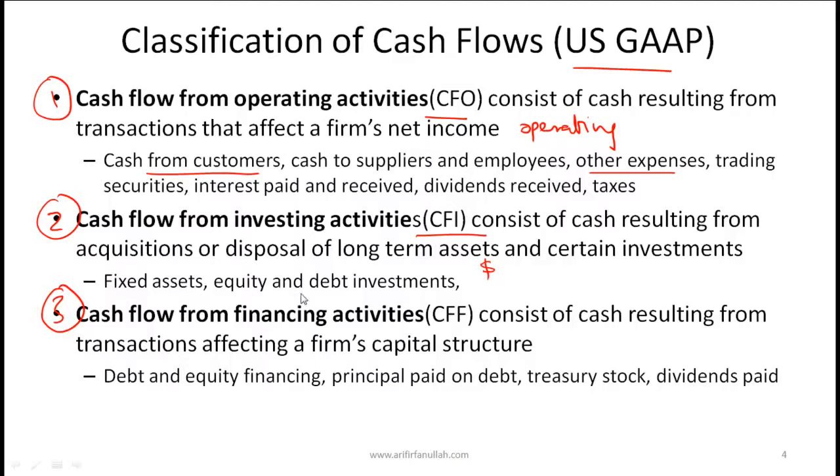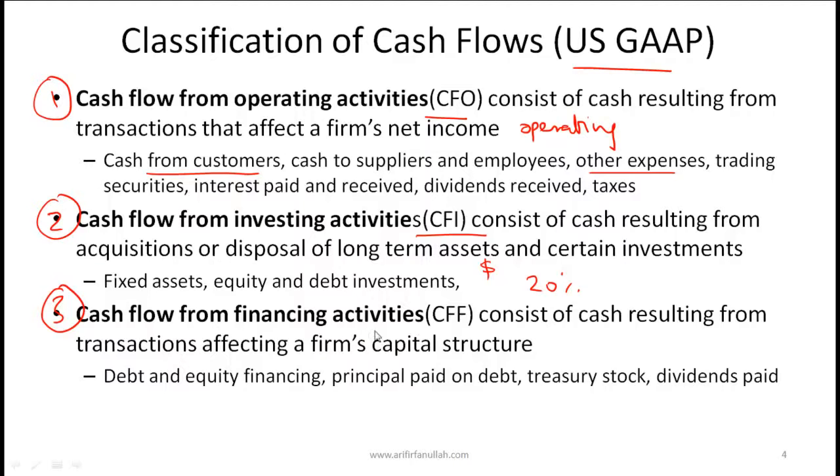So any fixed assets and certain equity and debt investments. So if you buy a 20% stake in a given company, that would be an equity investment, and that would be considered a cash flow from investing activity. Similarly, if you issue a loan, by issuing a loan, I mean you are lending money to an organization. So you are a bank and you lend money, that would be considered an investment.